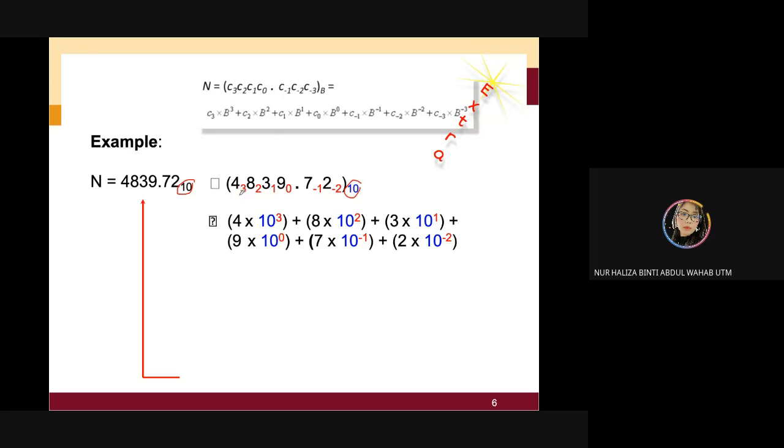You can see here will be multiplied with 10 to the power of 3. This part multiplied with 10 to the power of 2. This will be multiplied with 10 to the power of 1. Here is 9. Then this one is 7. This is 2.